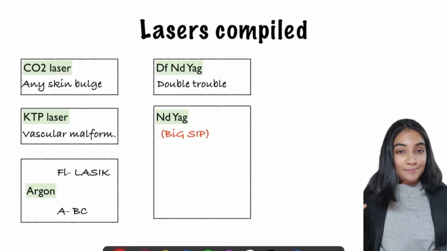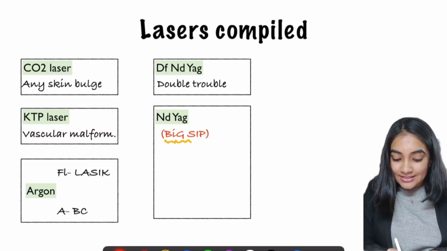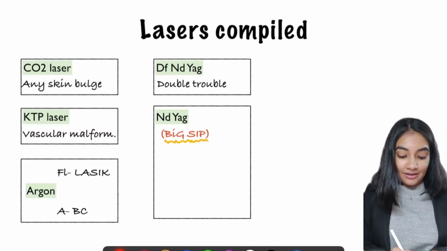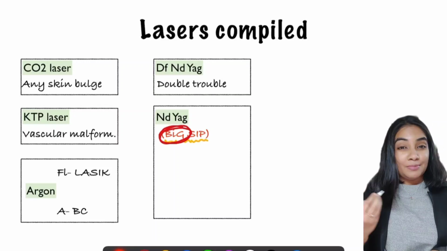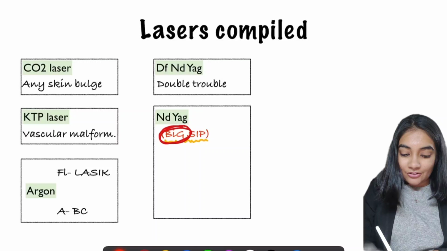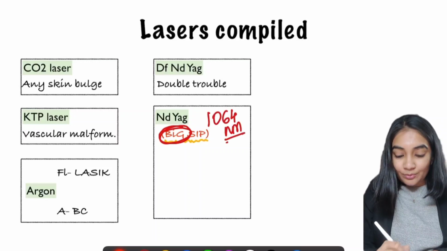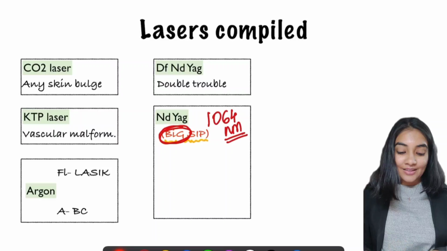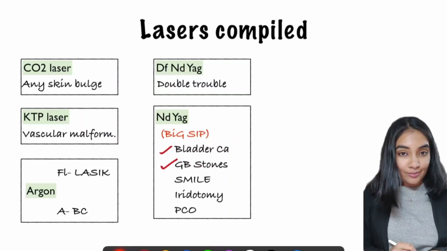Now this is the biggest list. Here we need to remember the mnemonic big SIP. The big here also means that Nd:YAG has the biggest or the longest wavelength of 1064 nanometer. Okay. So big SIP stands for bladder cancer, gallbladder stones.